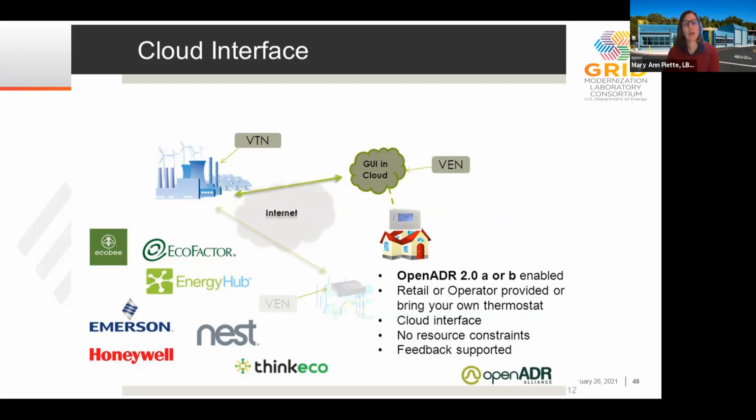So it may go to an Ecobee cloud or a Nest cloud. And the cloud interface is very important because the kind of technology that we're using for a large CNI site where we have a gateway receiving the technology and signals directly is very different from the vendor clouds that we see in residential. So that's an emerging capability.